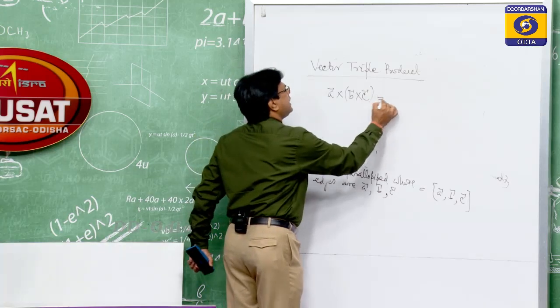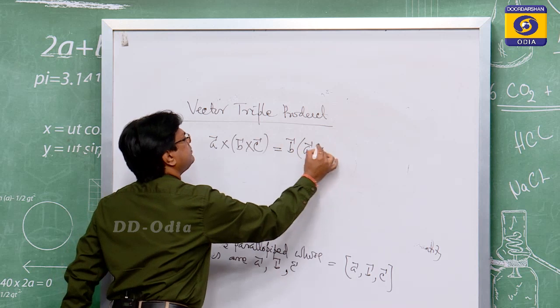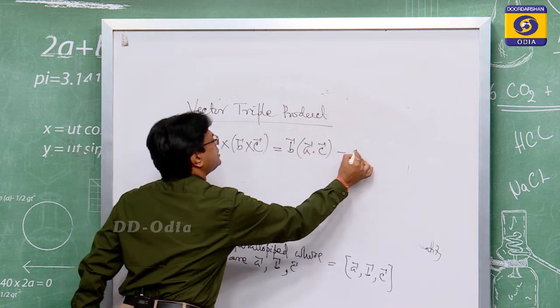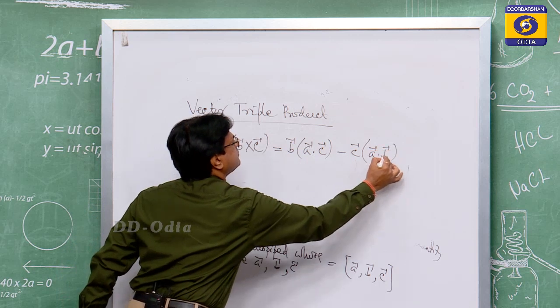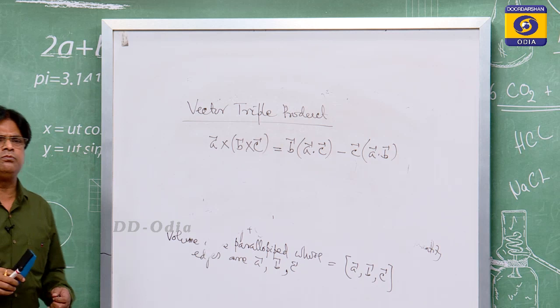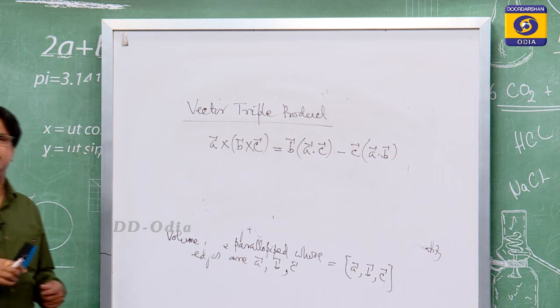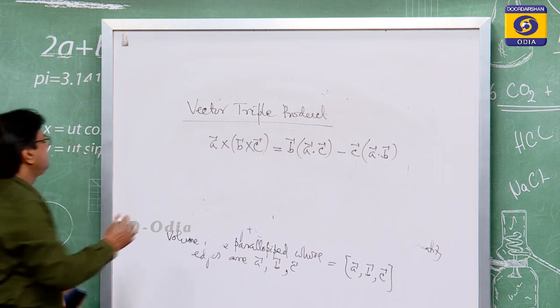We write B (A dot C) minus C (A dot B). This is your formula: A cross (B cross C) is equal to B into (A dot C) minus C into (A dot B).